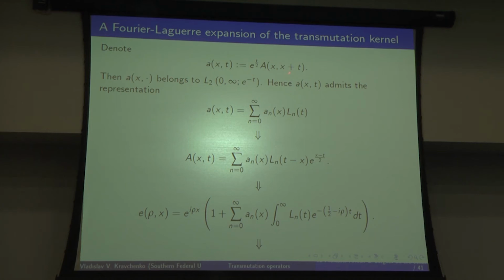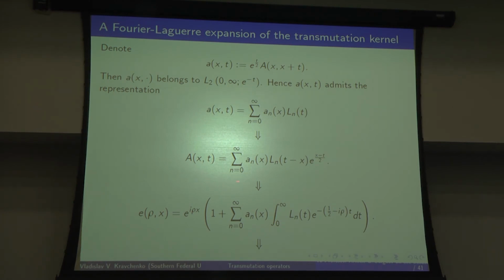Then this function A admits the series representation in Laguerre polynomials, the usual thing. So we use this Fourier-Laguerre expansion of A to obtain this representation for the kernel A capital.